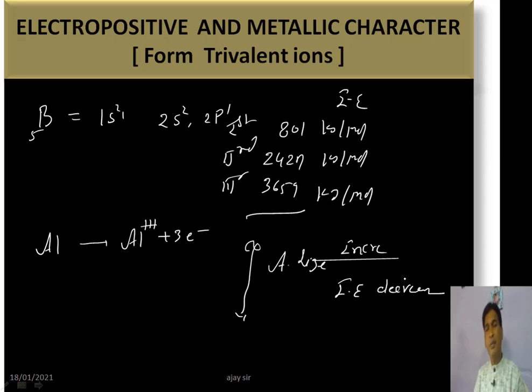That is the general concept in the classification of elements. As we move from top to bottom in a group, the atomic size increases, the distance from the nucleus to the outer shell increases, then ionization enthalpy decreases, then electropositive or metallic nature increases. And thank you very much.